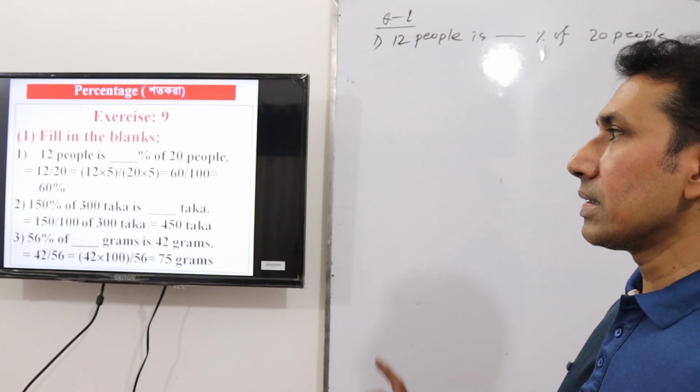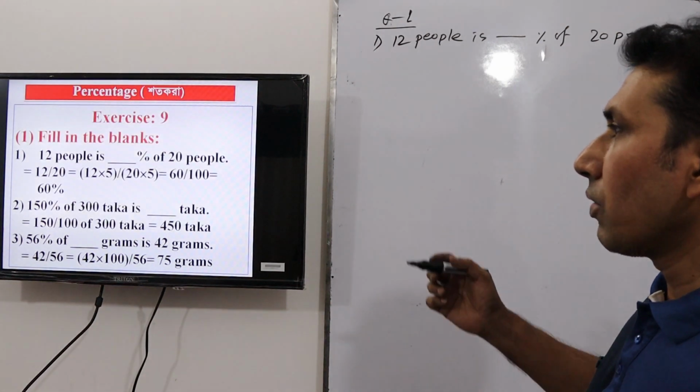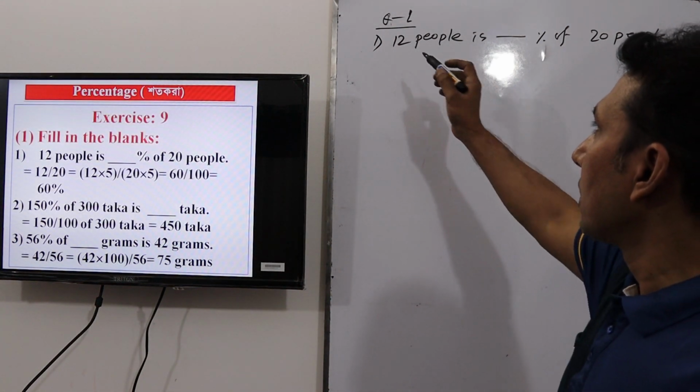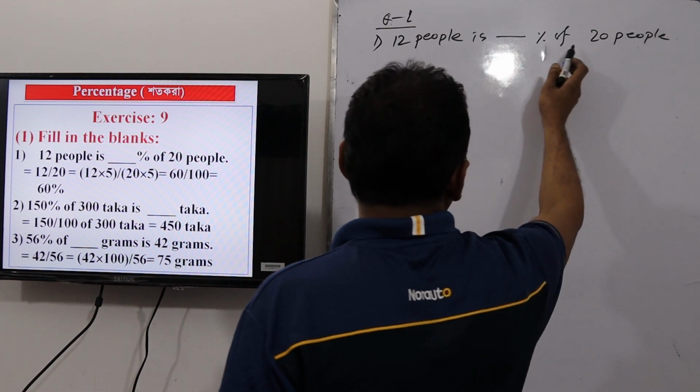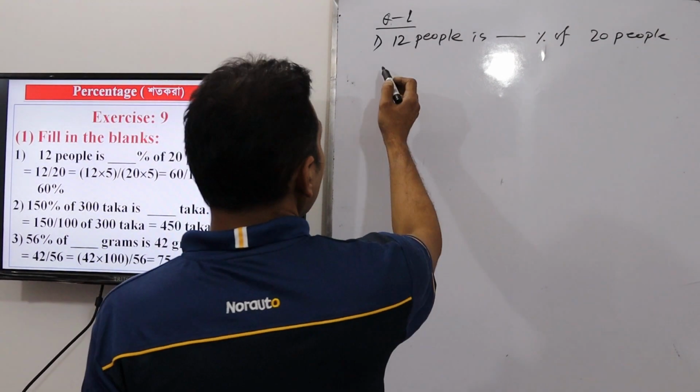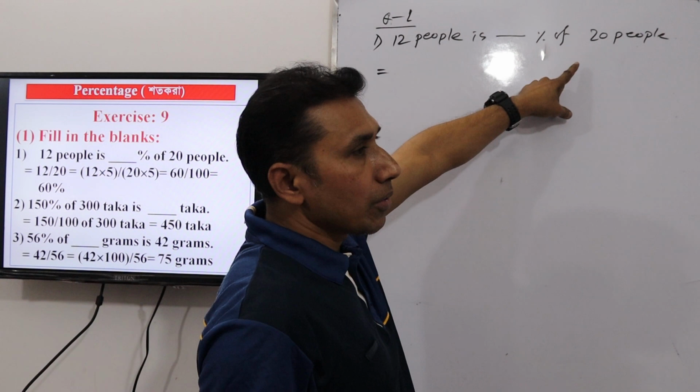First of all, exercise 9, question number 1 is fill in the blanks. Number 1: 12 people is dash percent of 20 people.